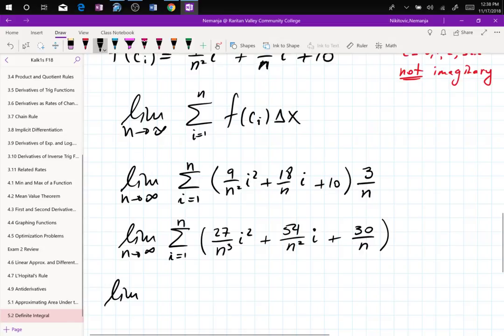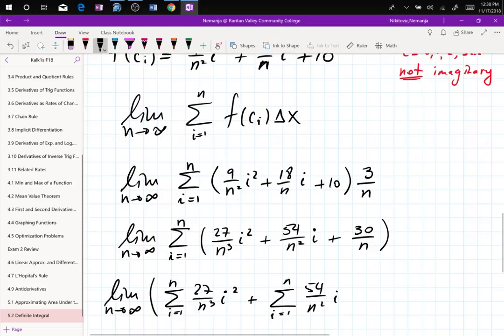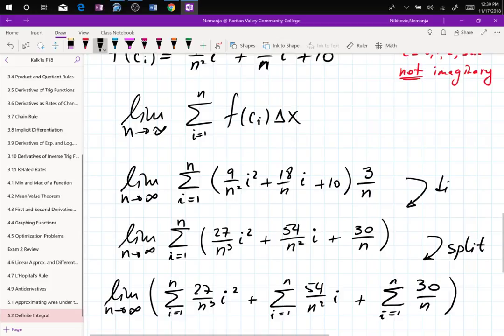This would be the limit, n goes to infinity, of the summation of 27 over n cubed i squared, i goes from 1 to n, plus another summation, i goes from 1 to n of 54 over n squared i, plus the summation of 30 over n, again i goes from 1 to n. So this is the split, and this was distribute.